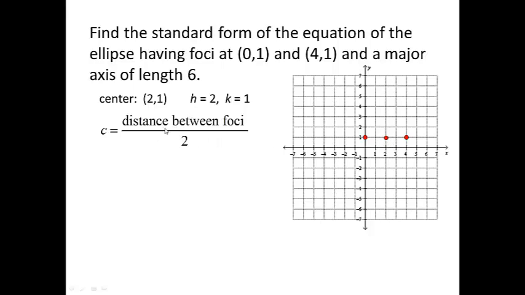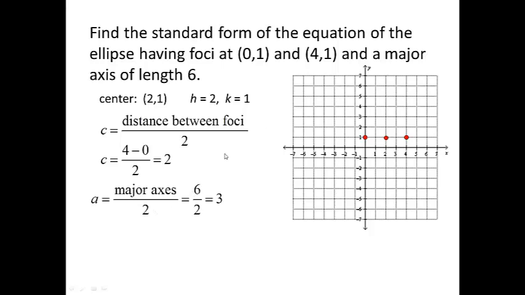C is the distance from the center to a focus. The distance between these 2 points is 4, or you can just look at the graph, hey, that's 2. You already know it's 2, but 4 minus 0 divided by 2 gives you 2 anyway.